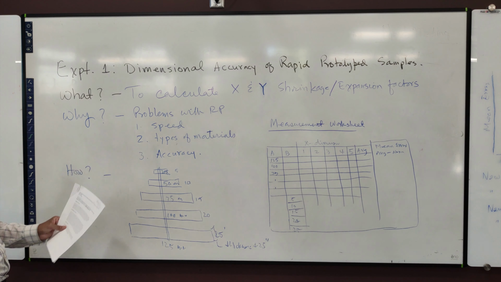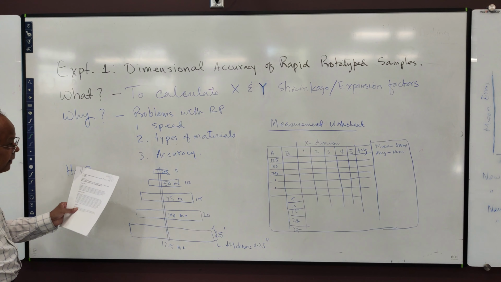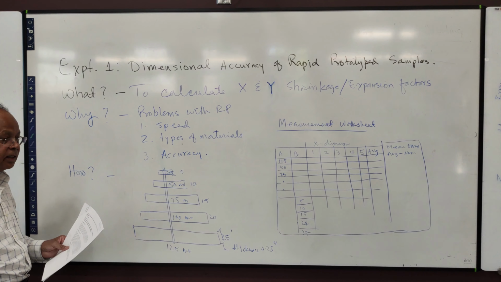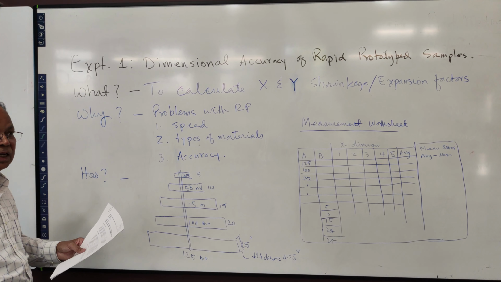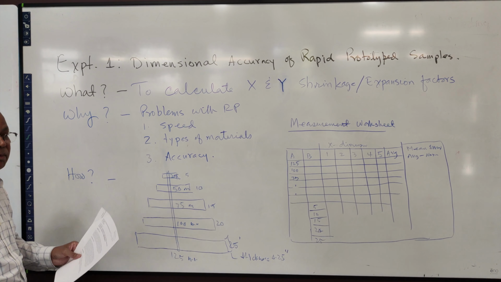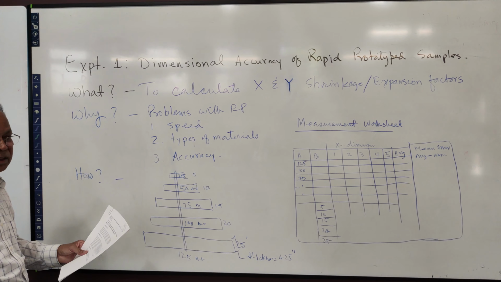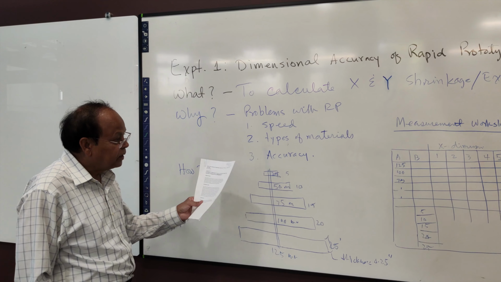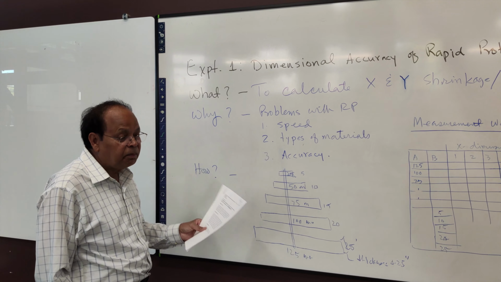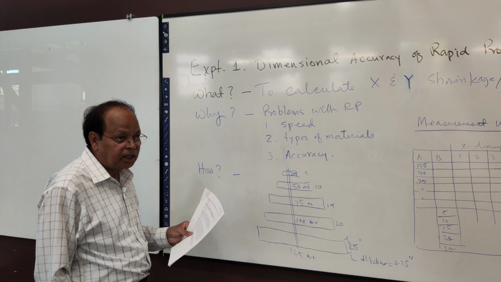The speed was not rapid. Also, the types of materials that were available were very limited. And the number 3 problem we had is the accuracy. You make something in rapid prototyping, however, the dimension that comes out is not the one you designed in SolidWorks. So the accuracy has still been a problem with the rapid prototyping industry.